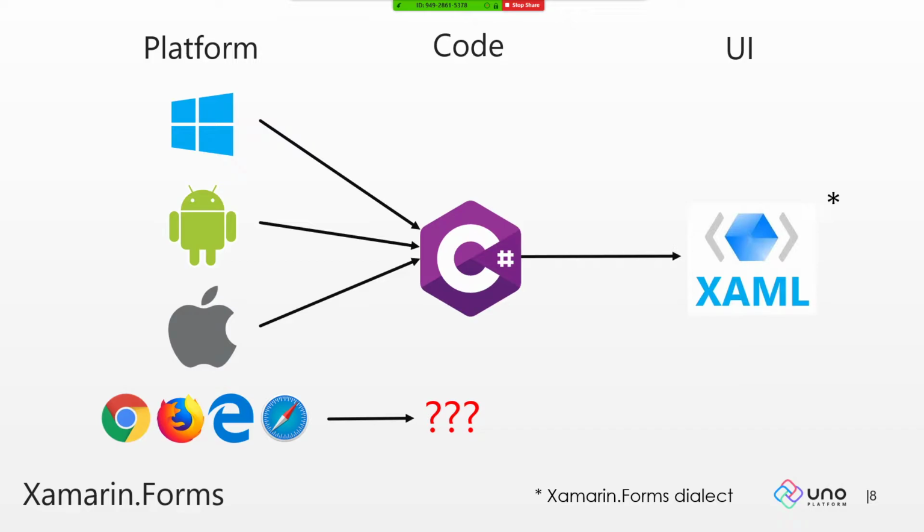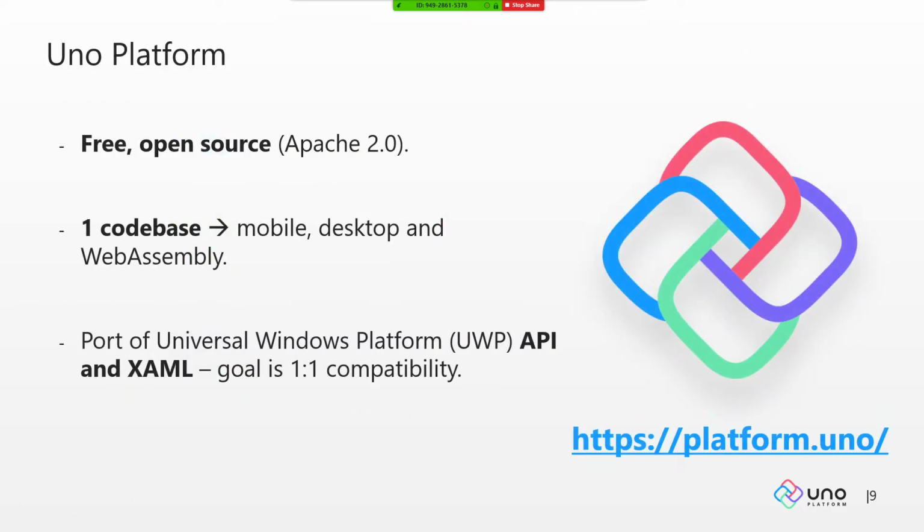The answer is coming from Uno Platform, which is a new approach. It's a free, open source framework which is available on GitHub, and its main goal is to help you write one single code base that targets all the platforms at once.